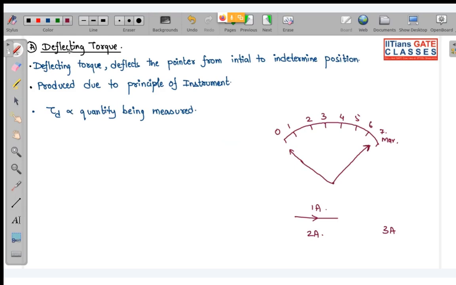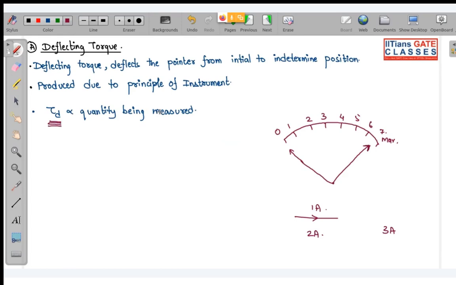Tell me, up to this point, is it clear? Fine. Now basically this deflecting torque is proportional to the quantity being measured.